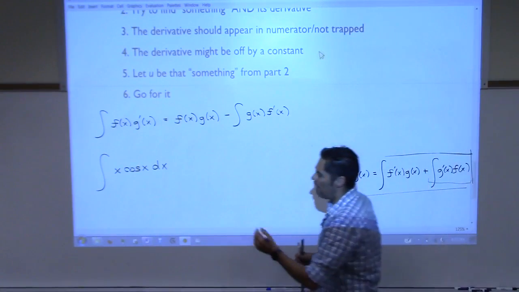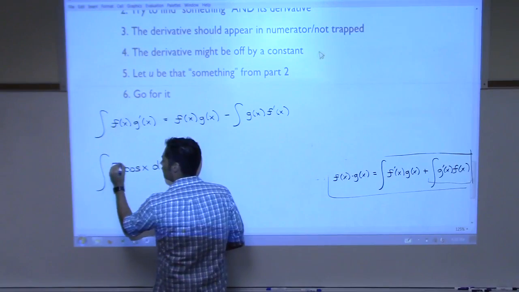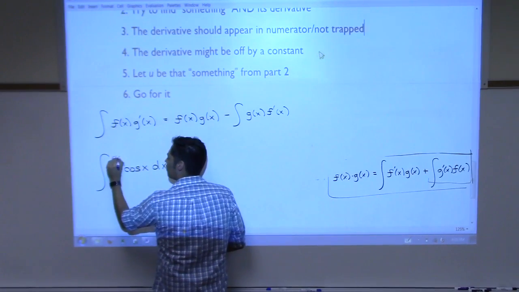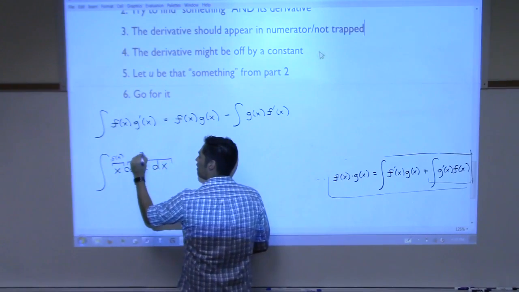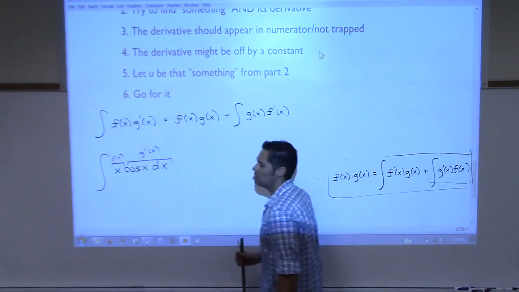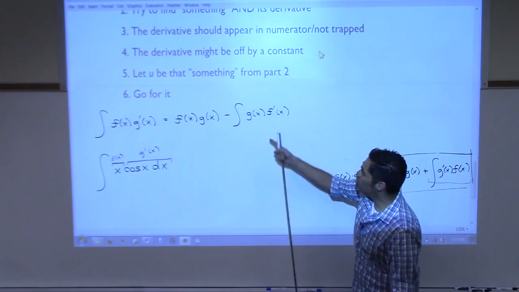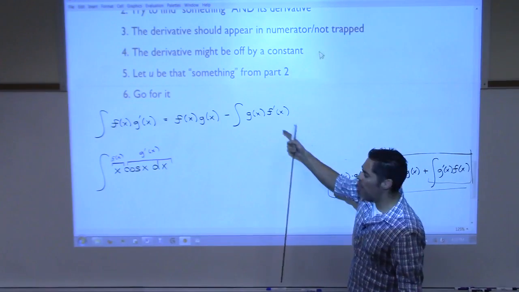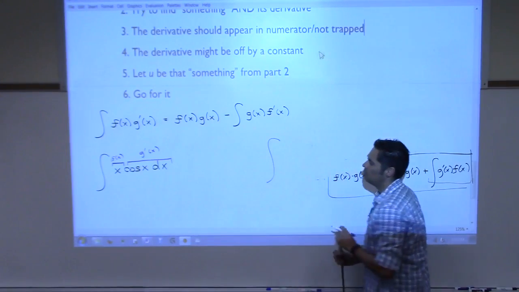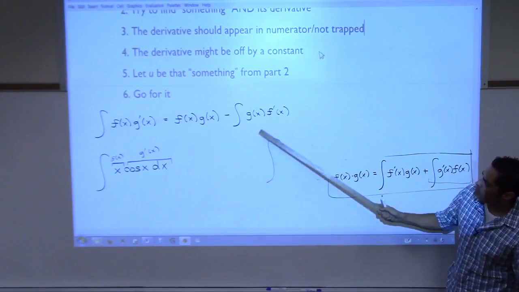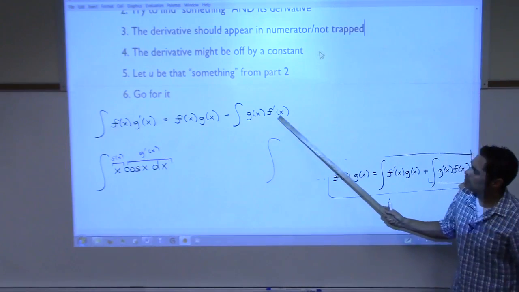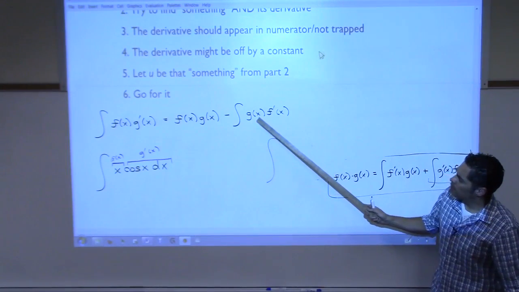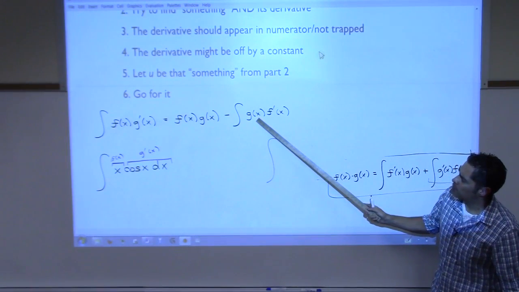But if I treat this guy right here as f of x, and I look at this one right here, everything, as being the derivative of some function, then in the new integral, what would I have in it? According to this formula, I'm going to have f and g out here, but in the new integral it would be g of x. What's g of x?